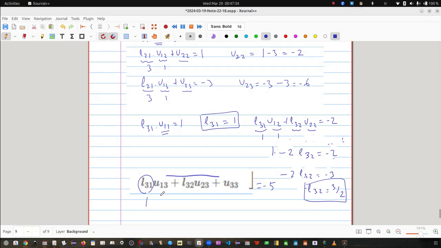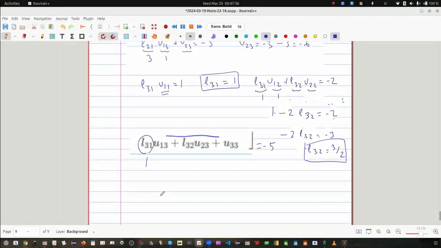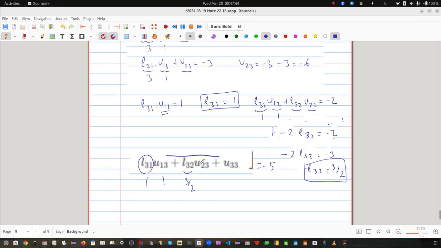U13 is equal to 1. L32 is equal to 3 over 2. U23 is equal to minus 6. And we are trying to find U33.